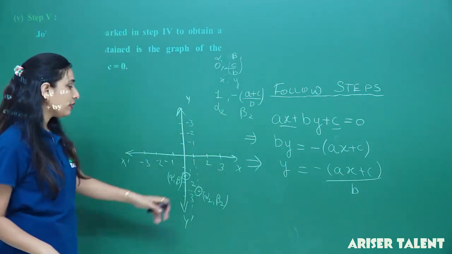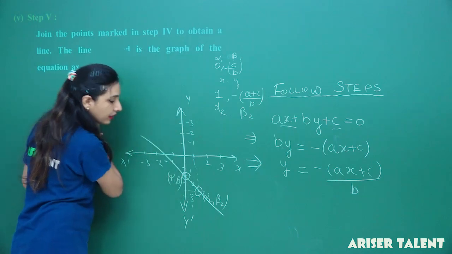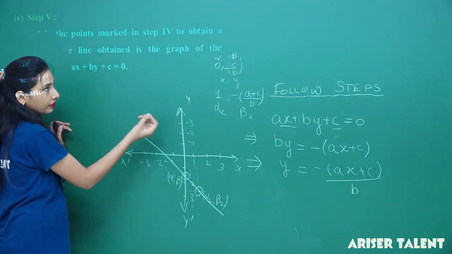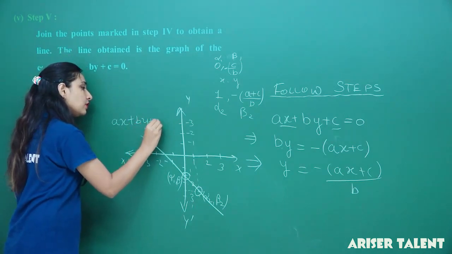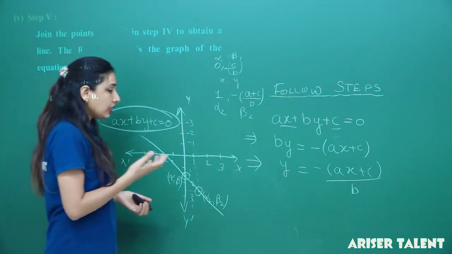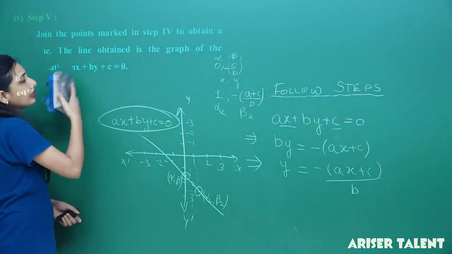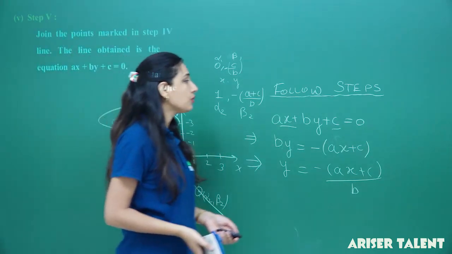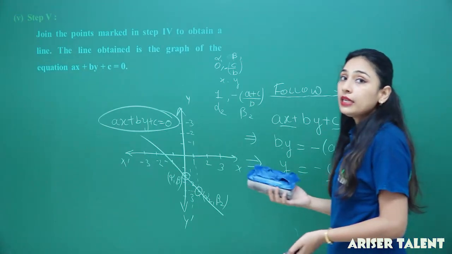Right. So this is 1 point, this is 2 point. Now join both these points. This will be the line of what? Which was given, ax plus by plus c equals 0. Okay, so we will definitely understand it with the help of an example. So you can just note all these steps, students, and we'll be using the steps to plot the graph.